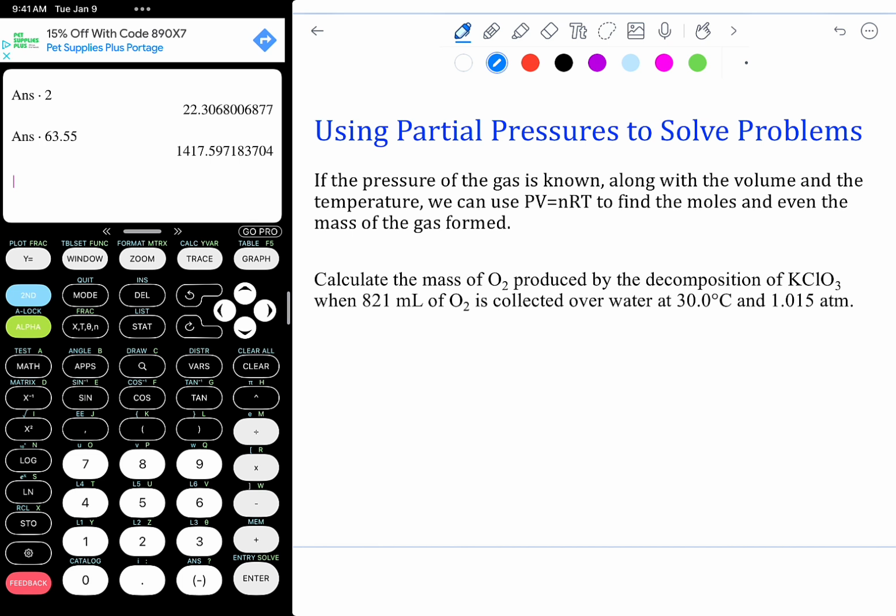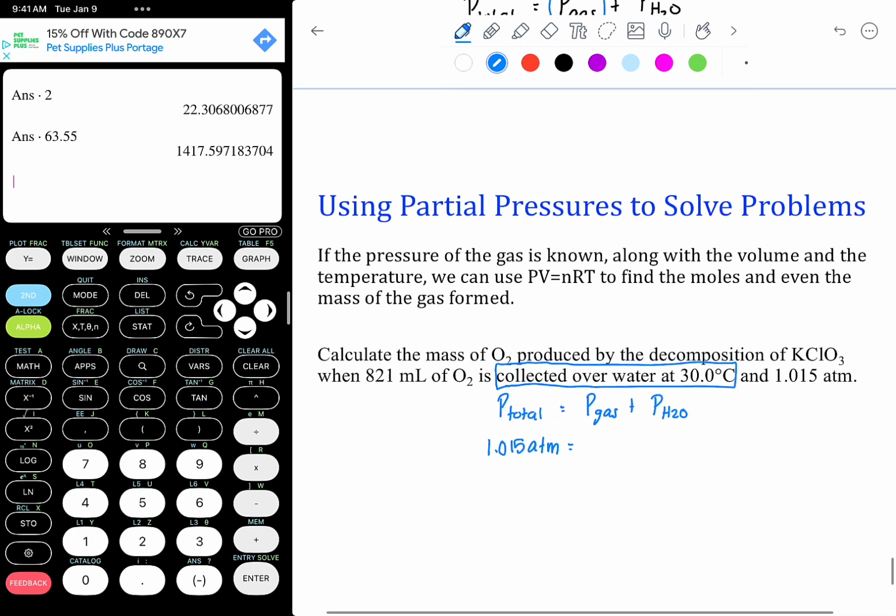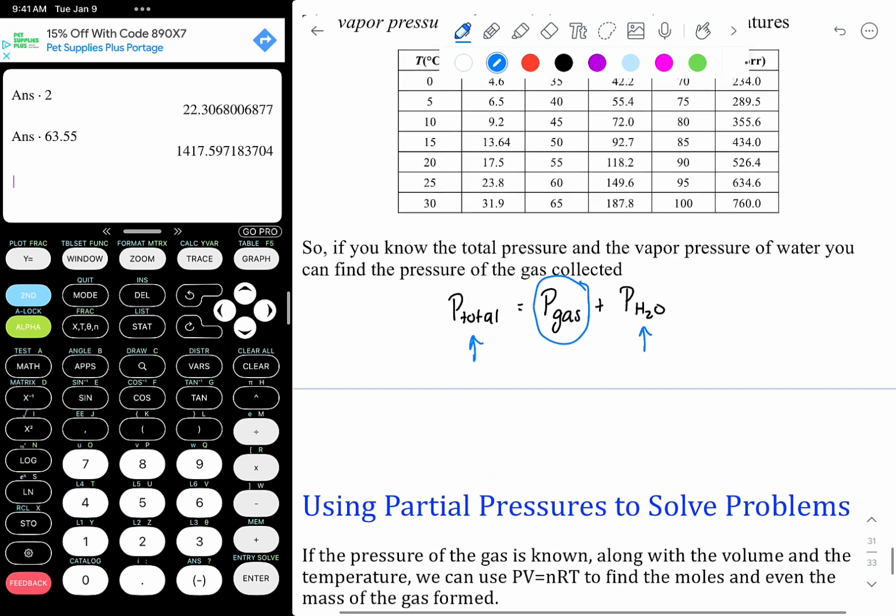So the first thing that we're going to want to do is realize that this was collected over water at a specific temperature. This tells us that we have to use P total equals P gas plus P H2O to solve for P gas. So the total pressure was 1.015 atm, and at 30 degrees Celsius we can find the vapor pressure of water from our table.